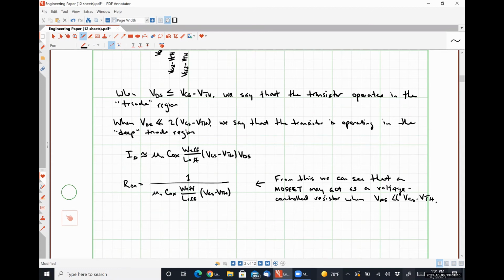What would a practical use for a voltage controlled resistor be? So in short, it's generating bias circuitry, right? Where we need very precise levels of voltage to cause transistors to turn on. So we actually use transistors as resistors in those schemes because we have better control of what the resistor value will be, right?